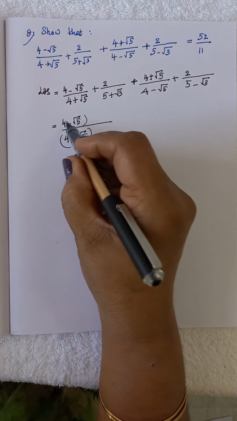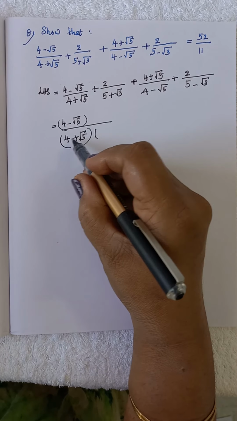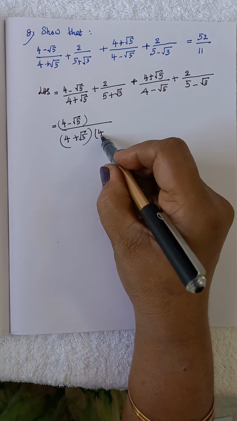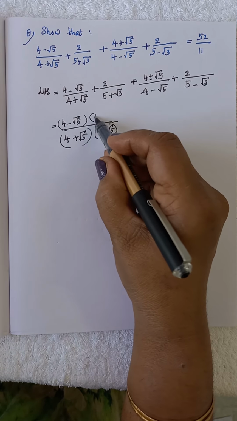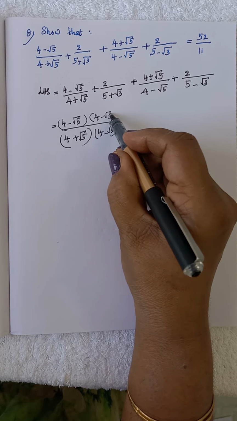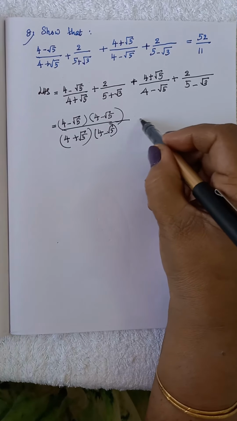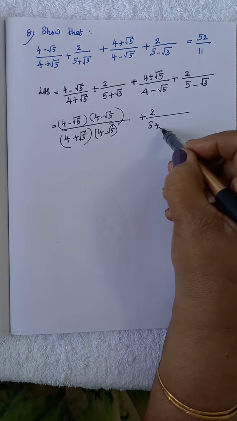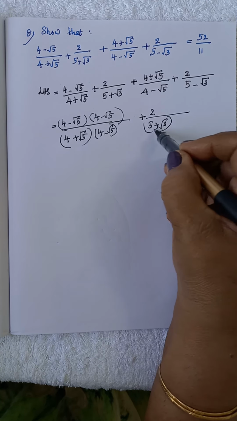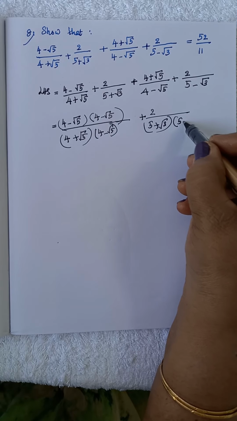Here in order to rationalize that, we have to take the conjugate. What is that? 4 minus root 5. Here we have multiplied, the numerator also we have to multiply by 4 minus root 5. Now take the second term, that is plus 2 by (5 plus root 3). Here the conjugate of 5 plus root 3 is 5 minus root 3.